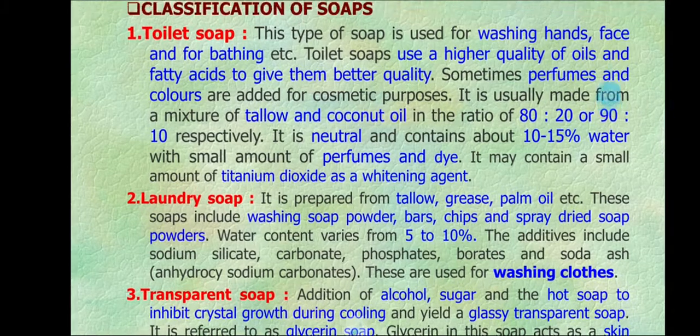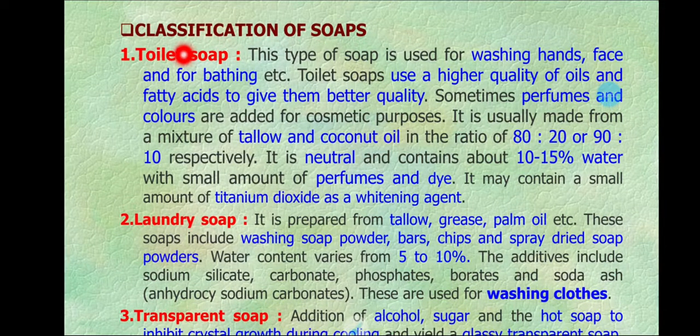The first class of soap is toilet soap. This type of soap is used for washing the hands, face, or for bathing purposes. Toilet soap uses higher quality oils and fatty acids to give a better quality soap.